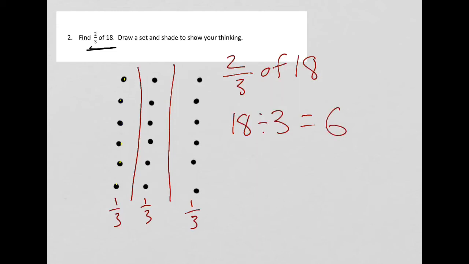Those are my 6. So 1/3 of 18 would be 6. So to find 2/3 of 18, I'm going to do my 1/3, which is 6, times 2. So I get 12. I can also count. I have 6, 7, 8, 9, 10, 11, 12. So I get 12. So 2/3 of 18 is 12.